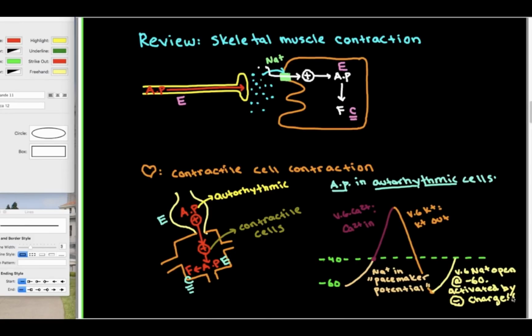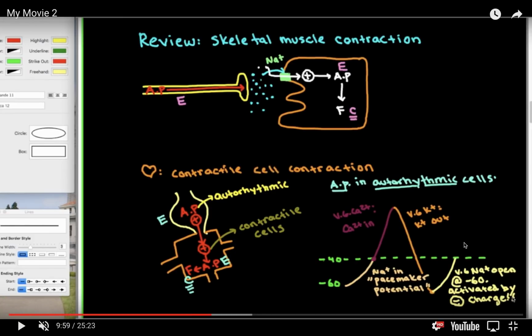So the reason we have this unique action potential, this one that can regenerate itself, is because we want autorhythmic cells to be able to automatically have a rhythm even if we're not thinking about generating contraction in the heart. They're spontaneously going to generate a rhythm for action potentials.